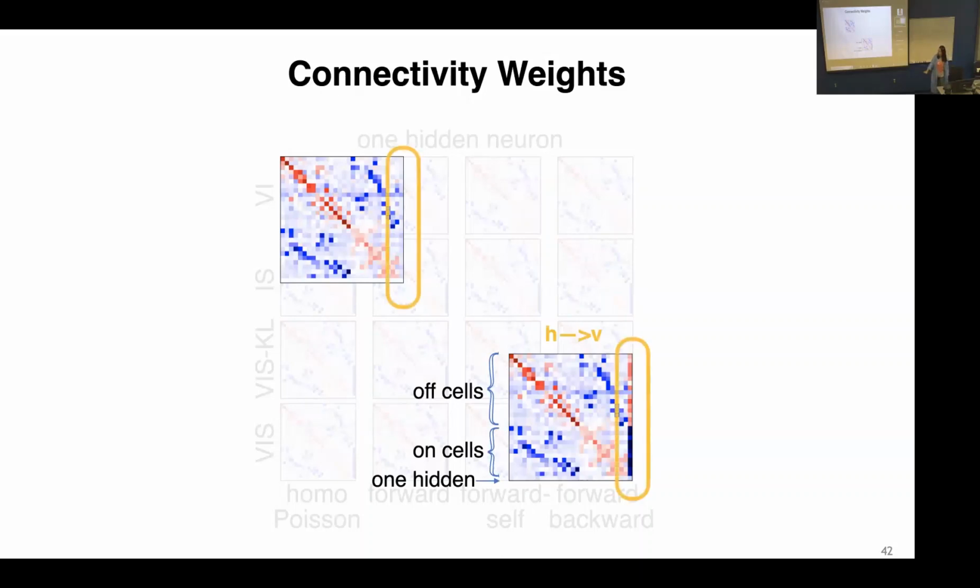Therefore, the last column tells you the influence of the hidden unit over the 27 visible neurons. Here we see that this hidden unit is inhibiting these on cells but exciting these off cells.